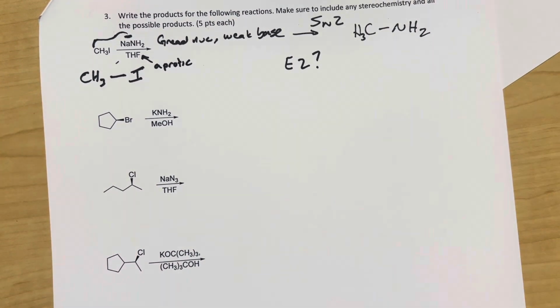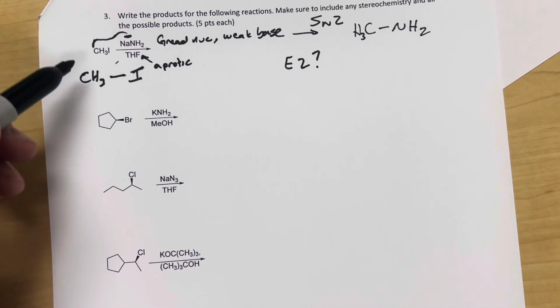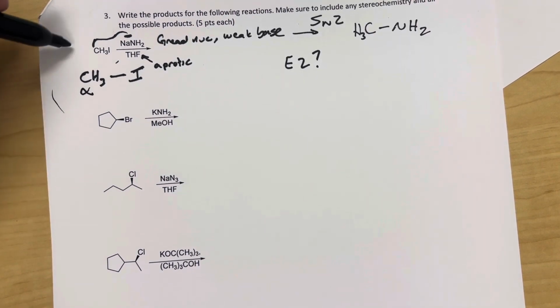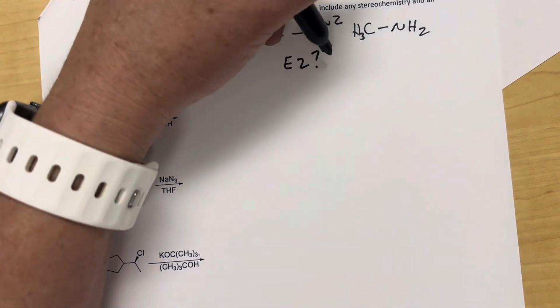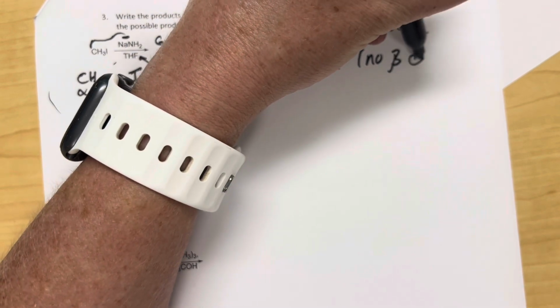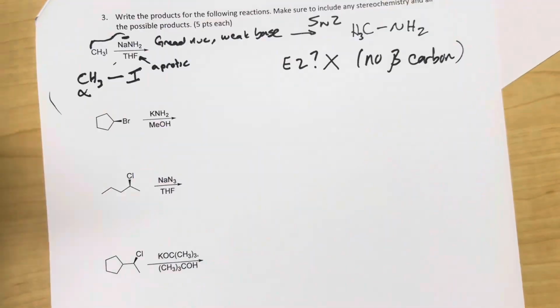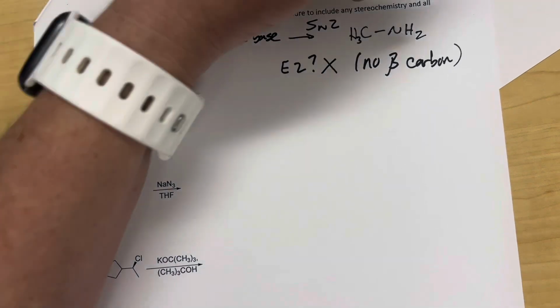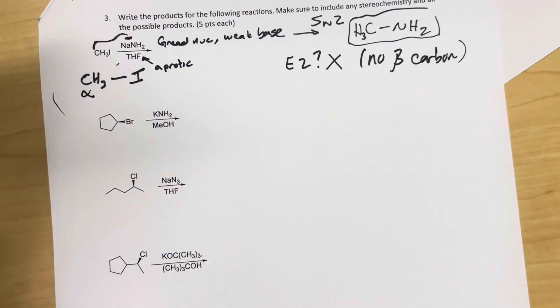Would E2 happen? Well, that's a great question. If an E2 occurred, remember we have an alpha carbon here, but do we have a beta carbon? There is no beta carbon, so E2 cannot occur. Because there's no beta carbon, you can't have an E2 happen. So this would be our only major product.